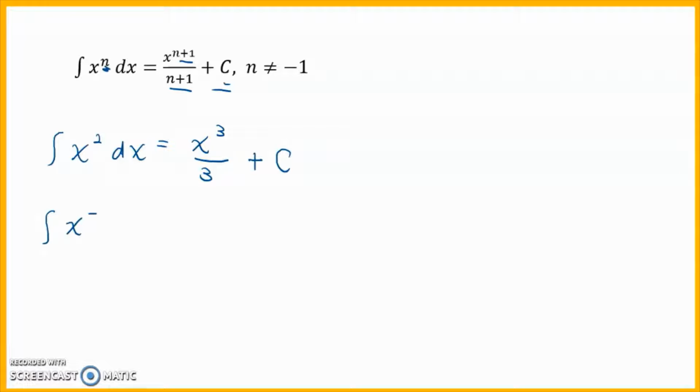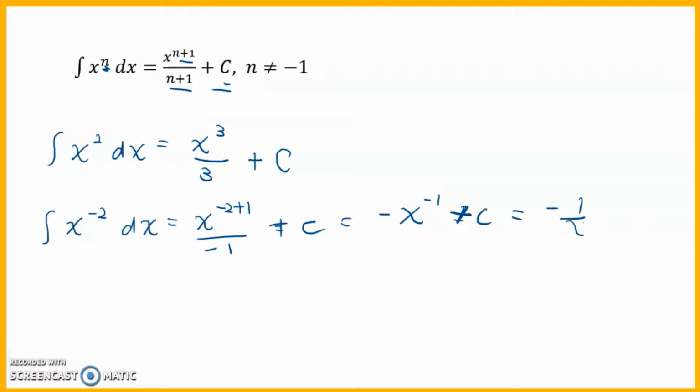Integration of x to the power of negative 2, let's say, should equal x to the negative 2 plus 1, which is negative 1, divided by negative 1. So the answer is negative x to the negative 1, or negative 1 over x, plus c.